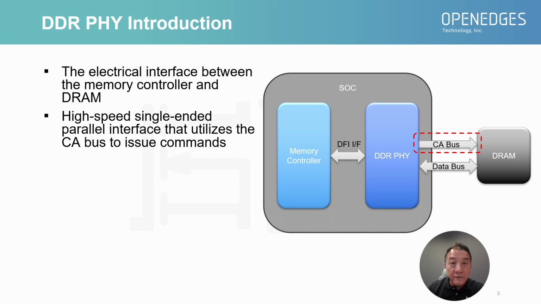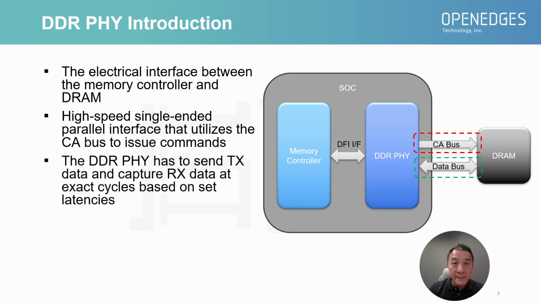So the DDR interface remains to be a high-speed single-ended parallel interface today. It utilizes the command address bus, also known as a CA bus, to issue commands to the DRAM. Note that the CA bus is a unidirectional interface, so the DRAM cannot directly respond back to the DDR5 through the CA bus.